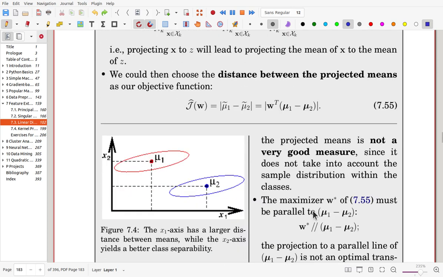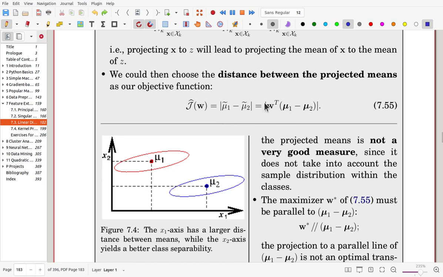If we try to maximize only the distance between the projected means, then we have a problem.